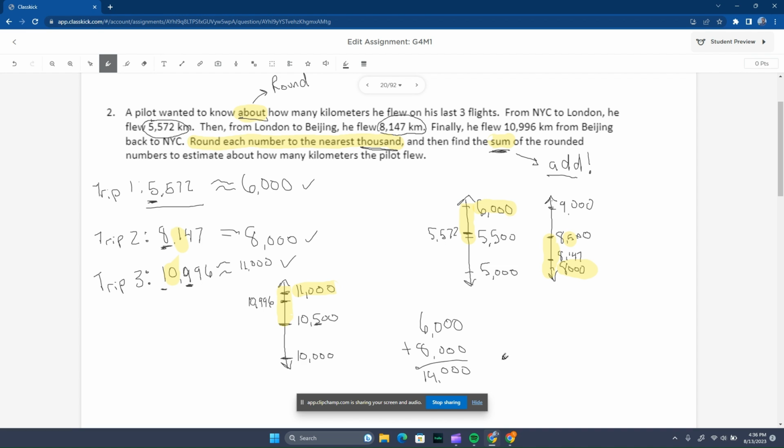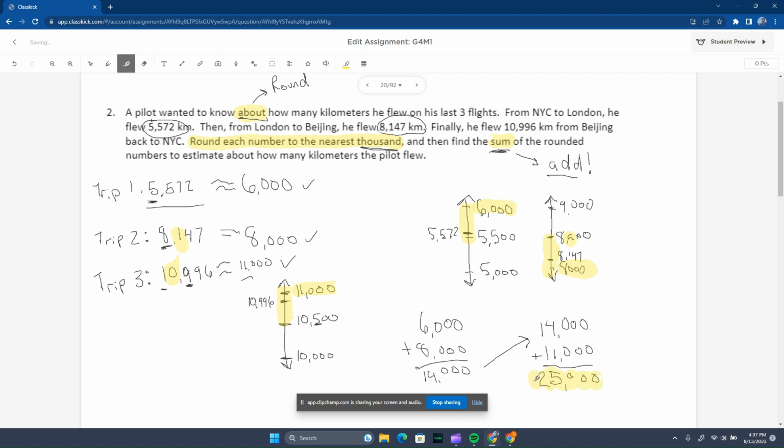And then I'm going to take that sum, which is 14,000, and add it to trip 3's amount of 11,000. Add those. 0. 4 plus 1 is 5, and 1 plus 1 is 2, to make 25,000.